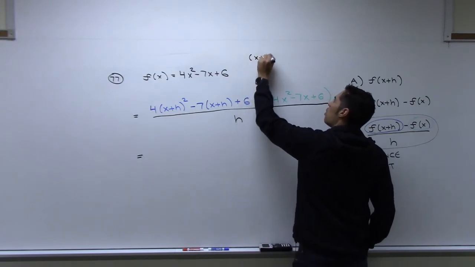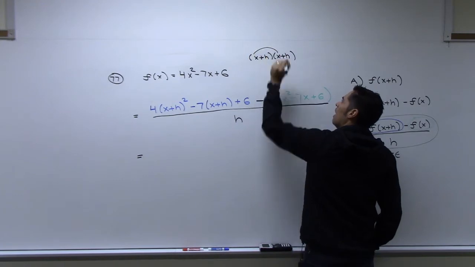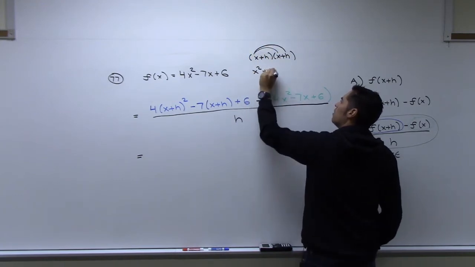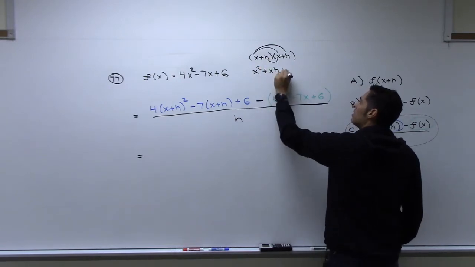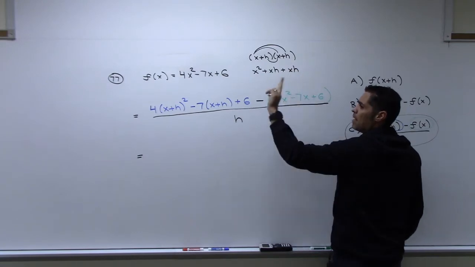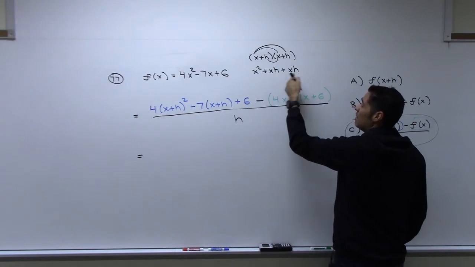X plus h times x plus h. And I start my FOIL. X times x is x squared. X times h is just x times h. And then h times x is still x times h. It doesn't matter if I write that in this order. Multiplication can be flipped around. So I just flip the order around so that these look exactly the same.